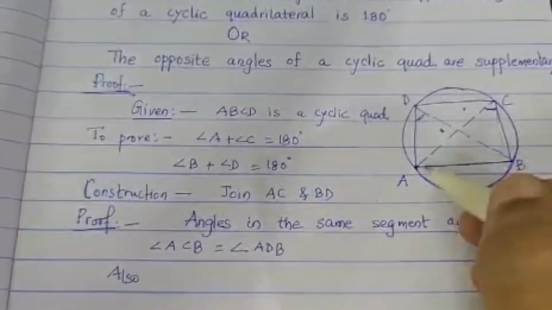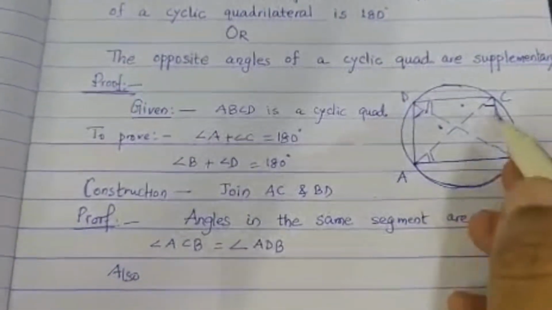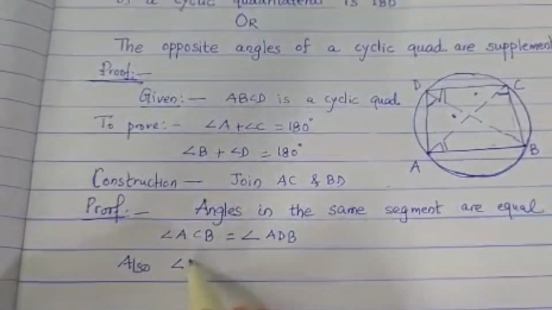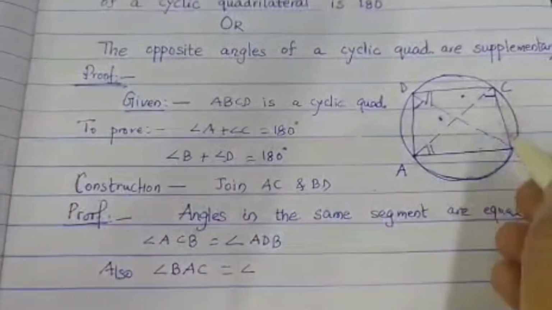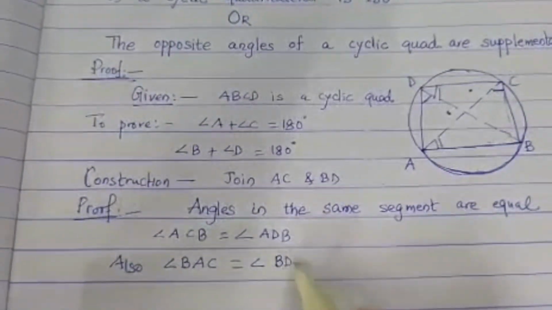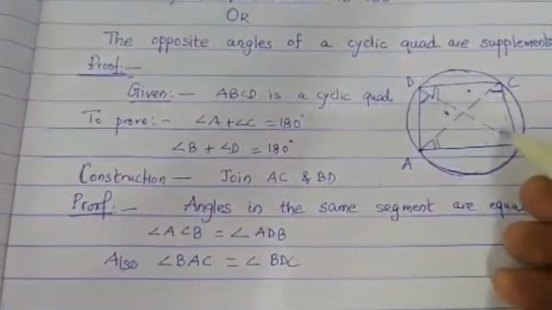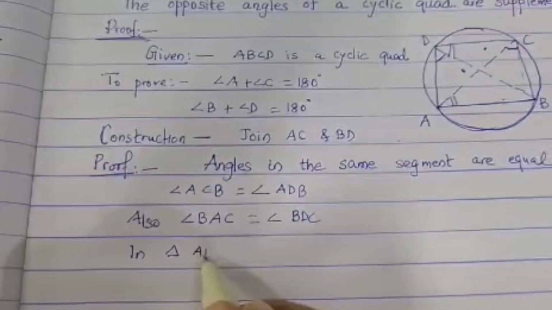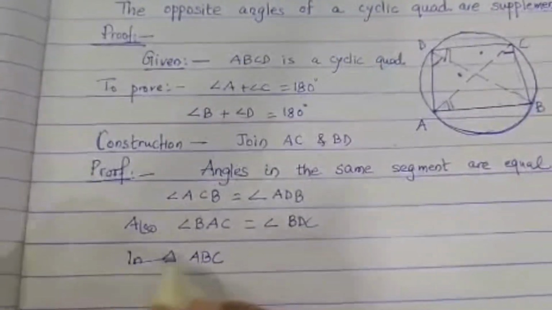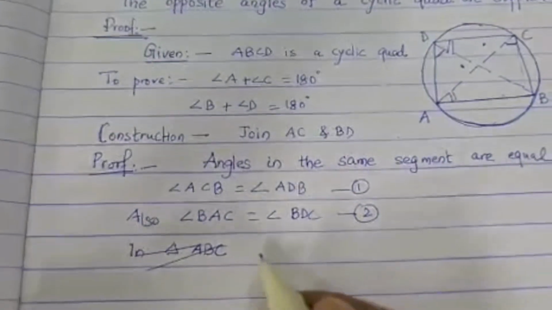So this angle and this angle are also equal. Angle BAC is equal to angle BDC. Now first of all, let's add these two equations.